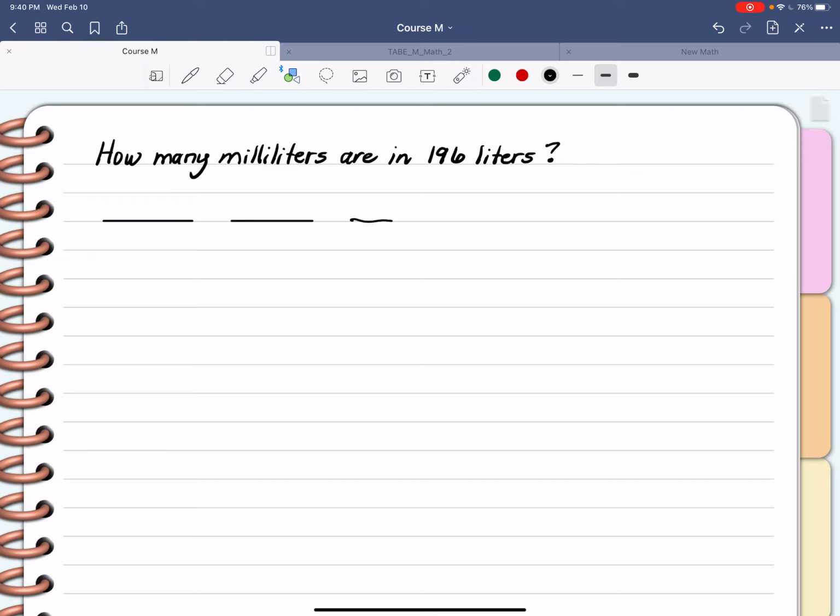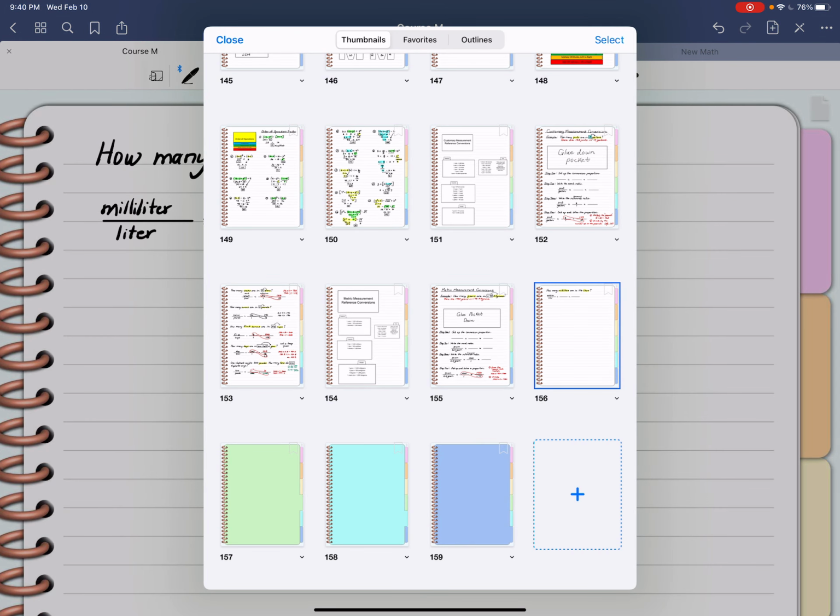Always make 3 of these. The first one will be for words. So I have milliliters and liters. You can abbreviate if you want to. And I need to get the conversion. I need to get the reference piece.